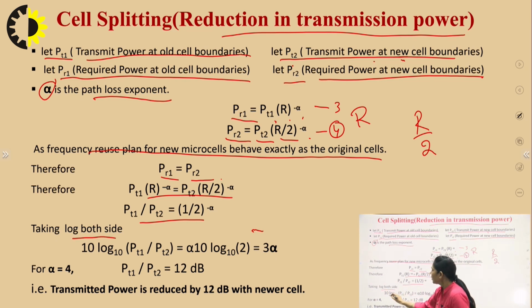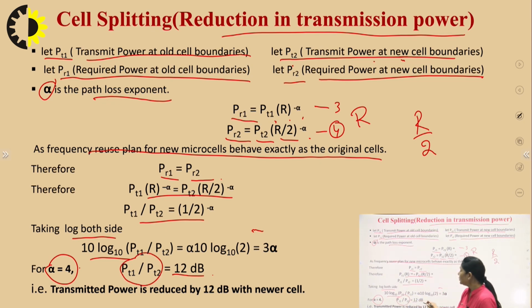If you take the log on both sides, and we consider the value of alpha as 4, you can see that PT1 by PT2 is equal to 12 dB. That means the transmitted power is reduced by 12 dB with the newer cell.